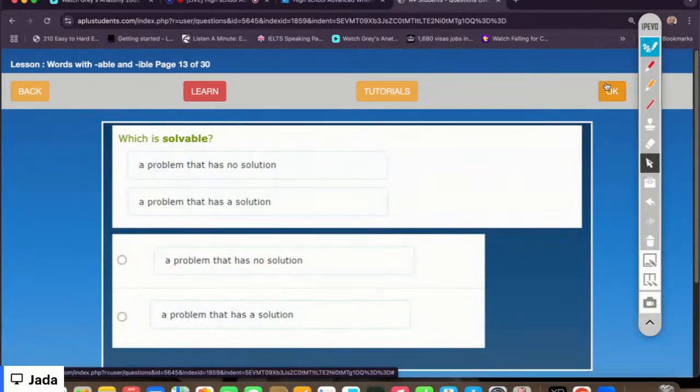So we have which is solvable, a problem that has no solution or a problem that has a solution.